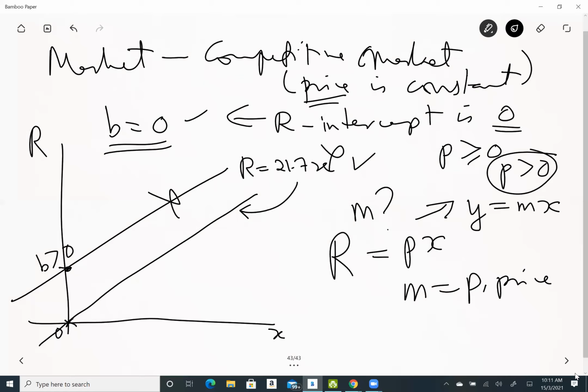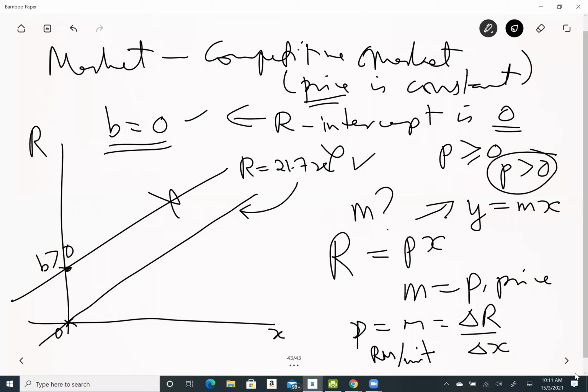Now, how do you measure price? Price is equal to what? Price is equal to M, and M is equal to delta Y over delta X. Now we are looking at R of x. So delta R over delta X. So the price, the unit is RM per unit.